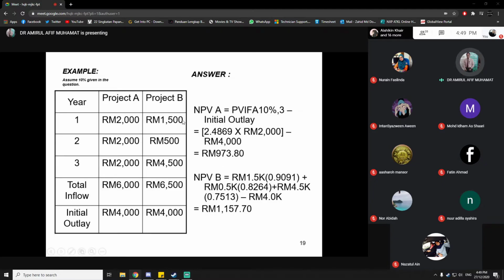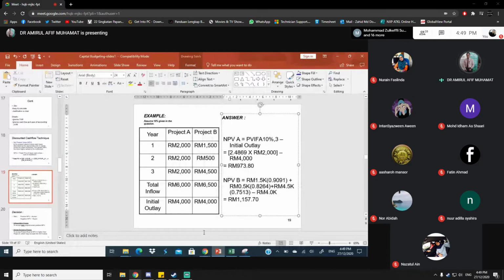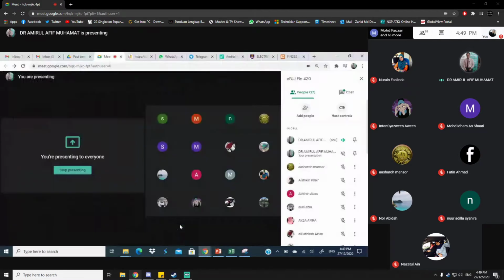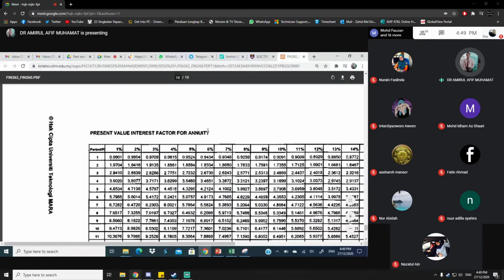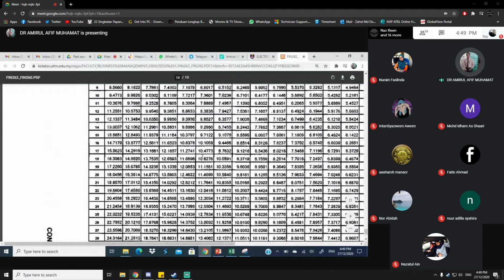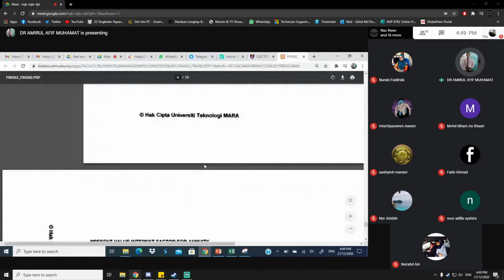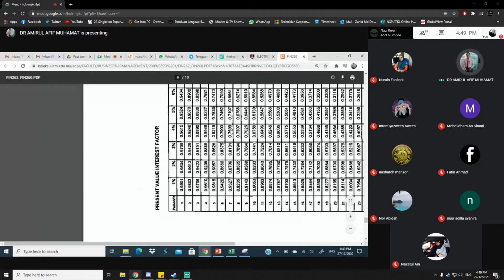So the income, 1,500 times the factor. Factor of what? Factor of 10% first year, 10% second year, plus income times 10% third year. If you look at the table, you are going to refer to a different table, not annuity. Refer to the present value interest factor table.